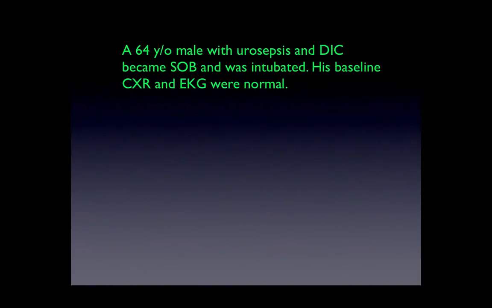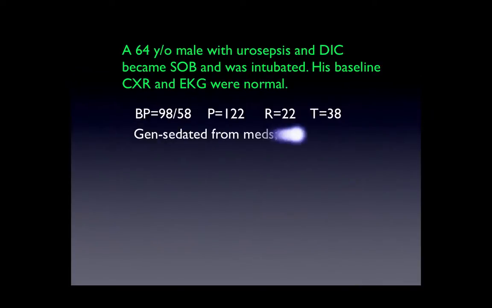This is a 64-year-old male, septic from a urinary tract infection, who has DIC and became short of breath, requiring intubation. His baseline chest X-ray and EKG were normal. His vital signs are remarkable for hypotension, tachycardia, tachypnea, and being febrile at 38 degrees. He's sedated from medications and in no acute distress.